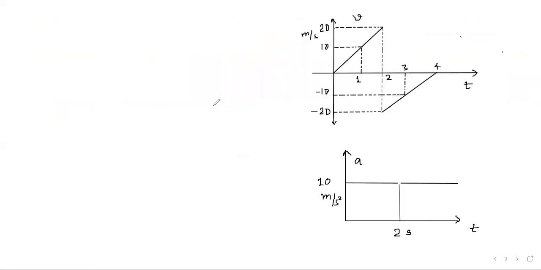Now, second, we have to plot the graph v versus t. So the velocity versus t graph will be v equal to u plus gt, and this is the situation when the ball is coming downwards. It starts from rest.